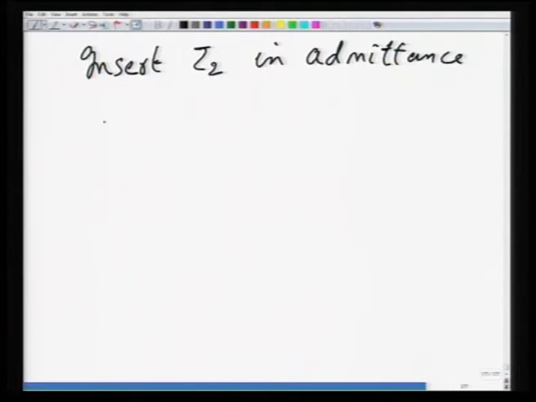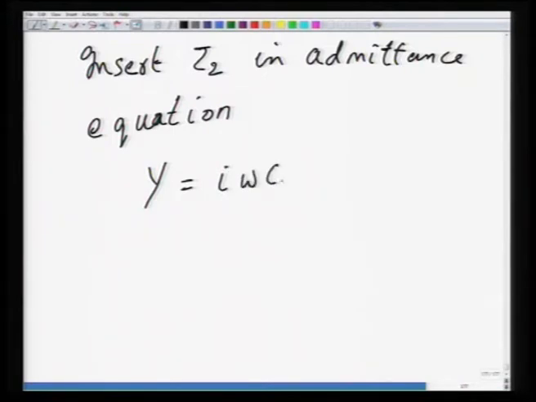When you do that, what you get is Y is equal to i omega C1 plus... let me write the original expression.